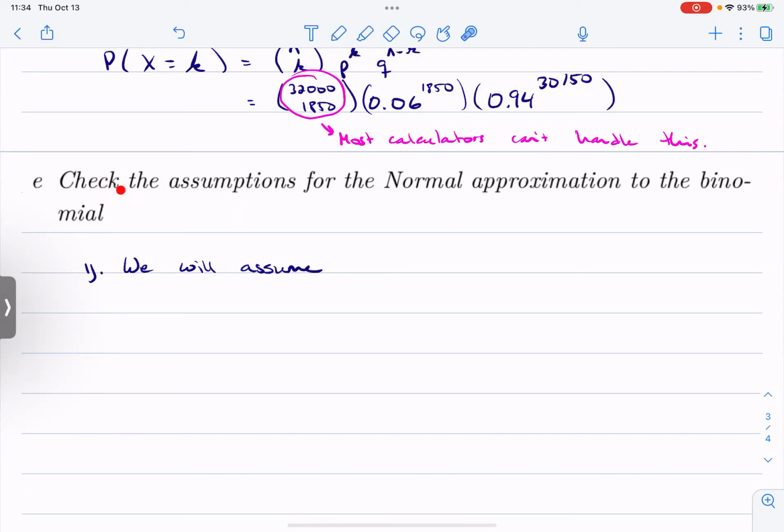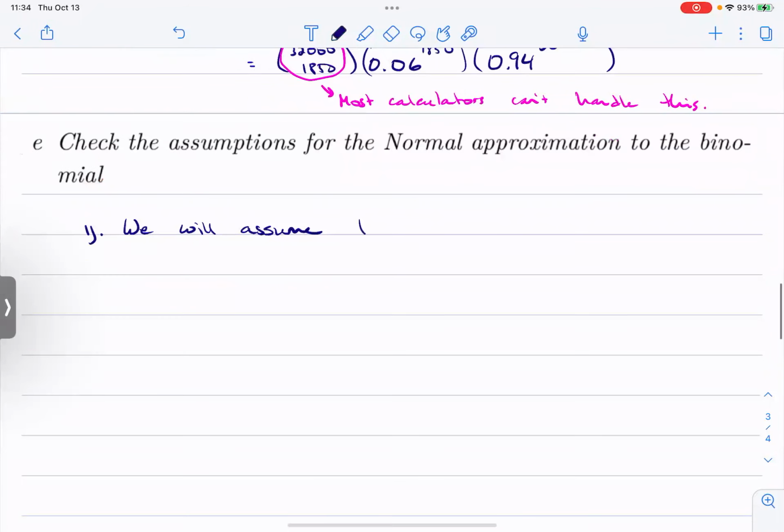It sounds like a silly thing to distinguish between, but often we have to just say, okay, this is not necessarily true, but we assume that the donors are independent of each other, even though we could argue against it. But in order to proceed with the question, we have to assume that they are. So sometimes I'll say state the assumptions instead. Okay. So we will assume the donors are independent of each other.